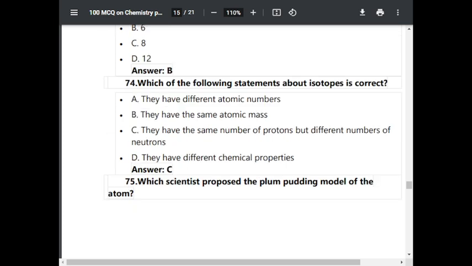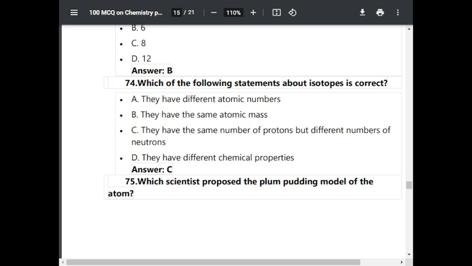Question number 74. Which of the following statement about isotope is correct? Option A, they have different atomic number. Option B, they have same atomic mass. Option C, they have different chemical properties. Option D, they have same number of proton but different number of neutron.